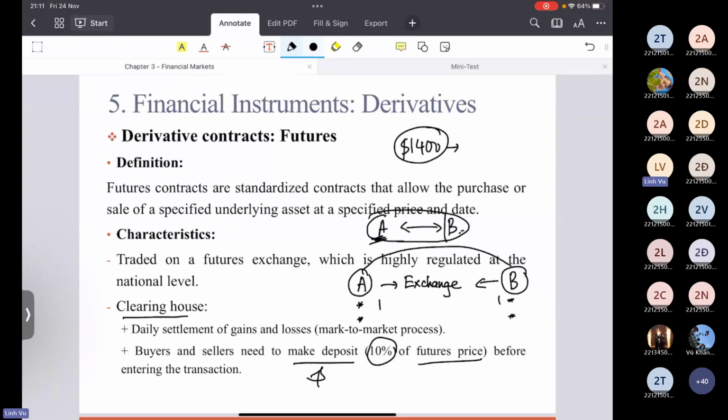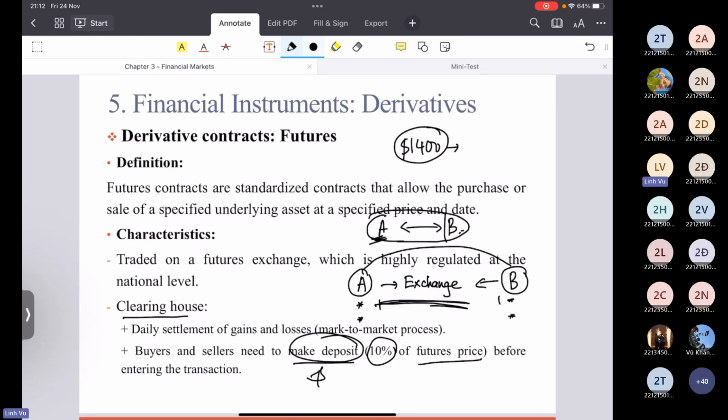It is the risk that the other party will not execute the transaction as promised. So in this case, one of the two parties will suffer a huge loss from the contract. But if we have some deposit like this, where each party has to make a deposit before entering the transaction, they will have some responsibility when they decide to get involved in the transaction.